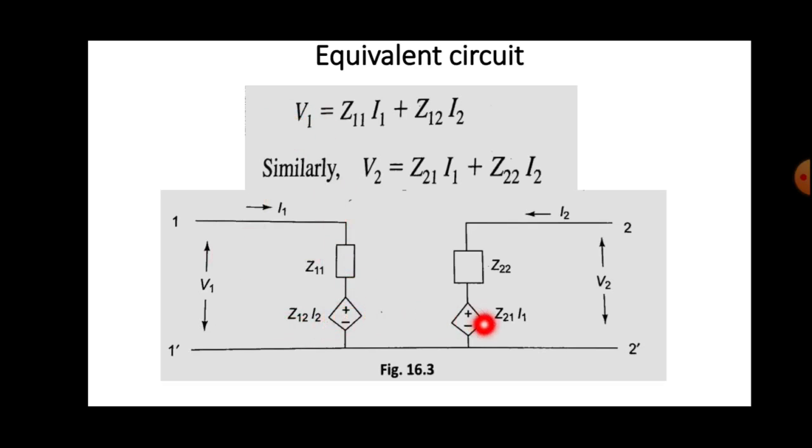Next we go to the second port, where the output voltage is V2, and we mark V2 at the output port.